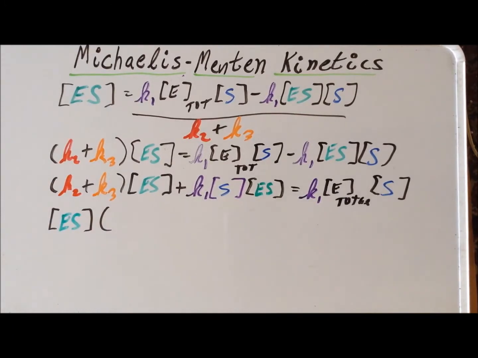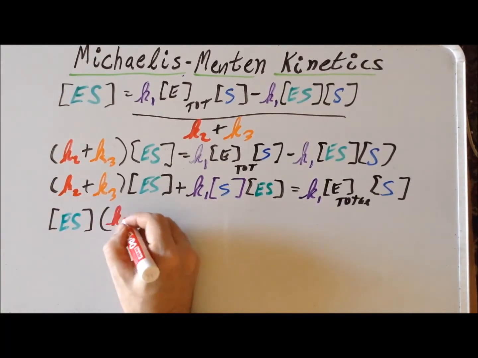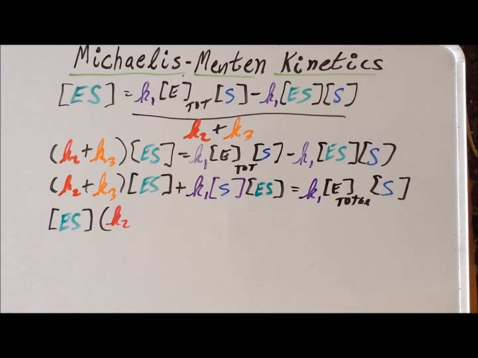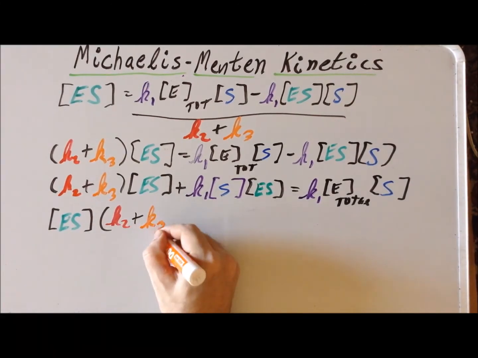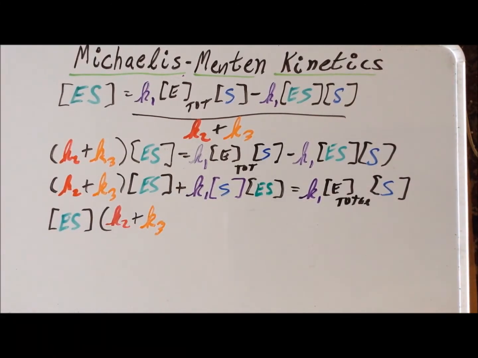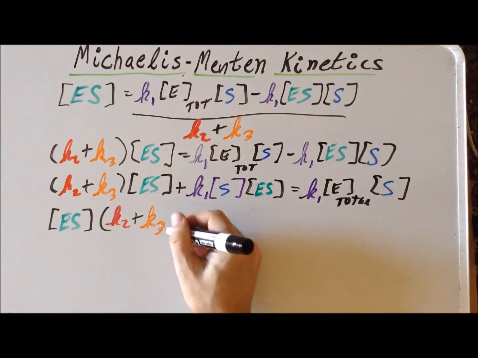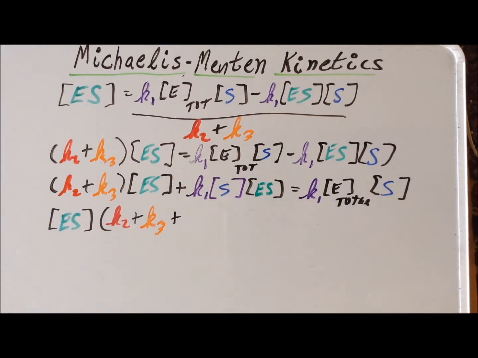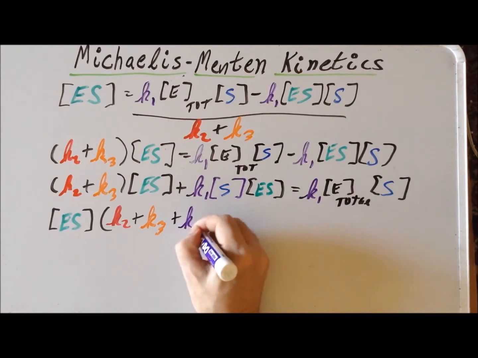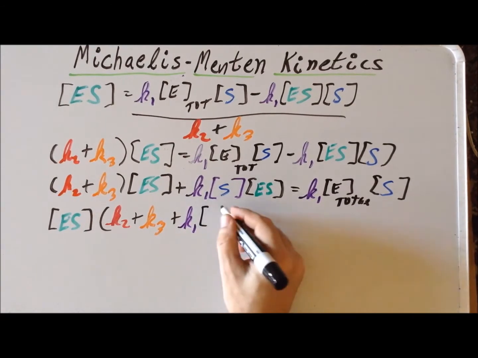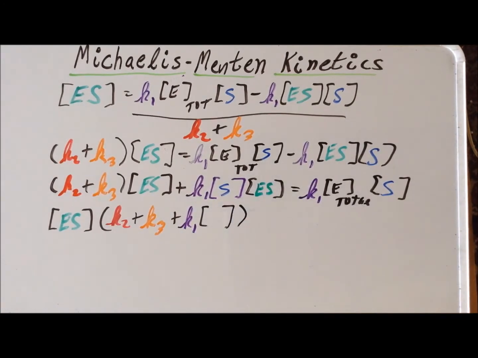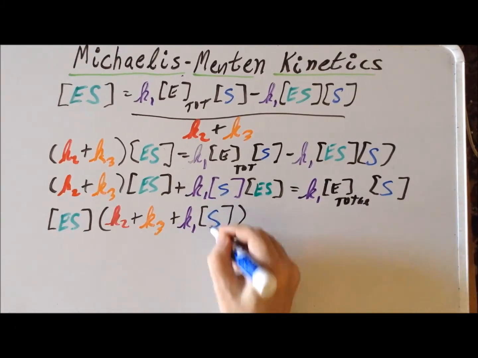And that gives us the remainder as K2 plus K3 plus K1 times the concentration of S for our left-hand side.